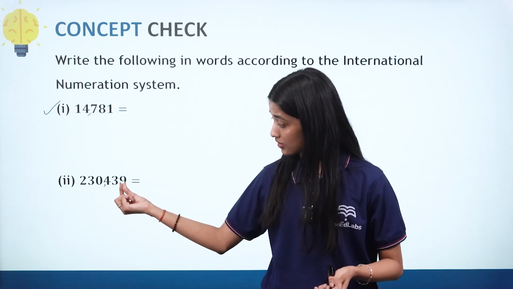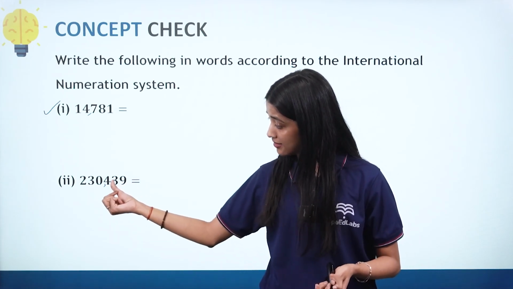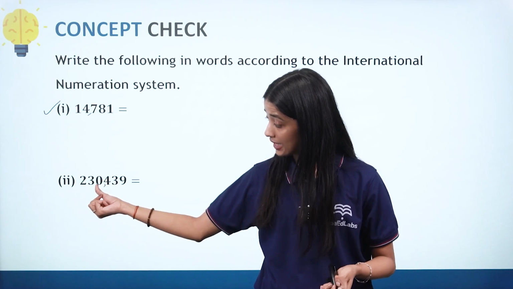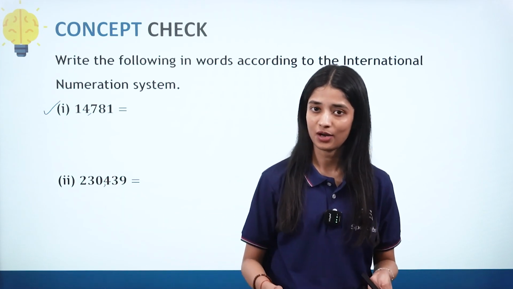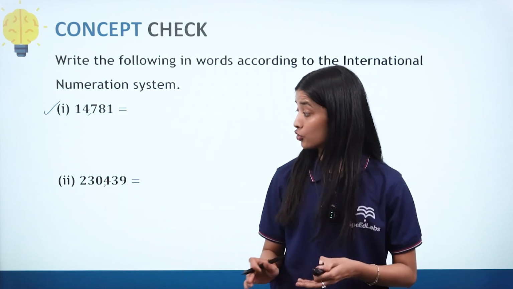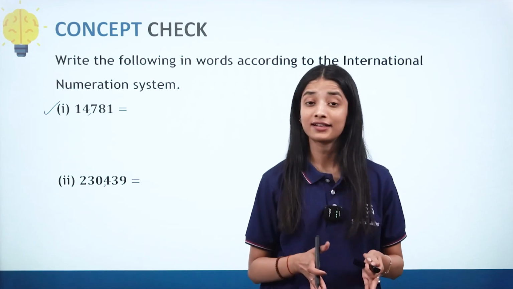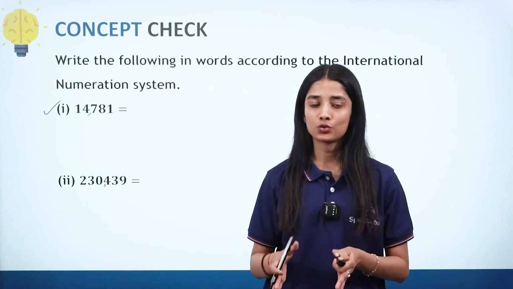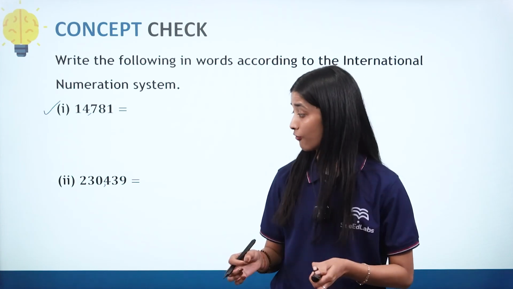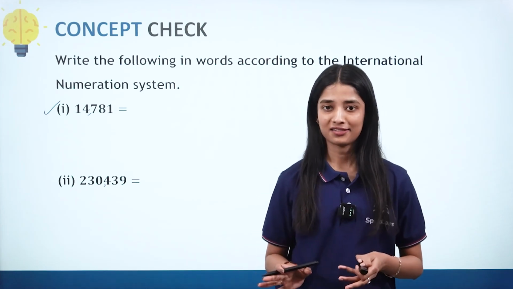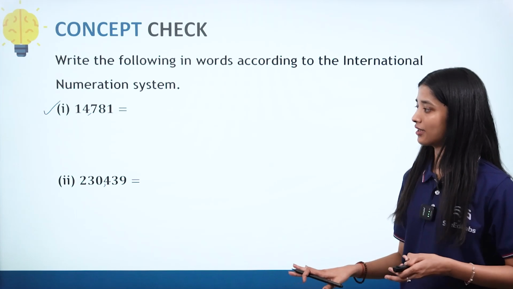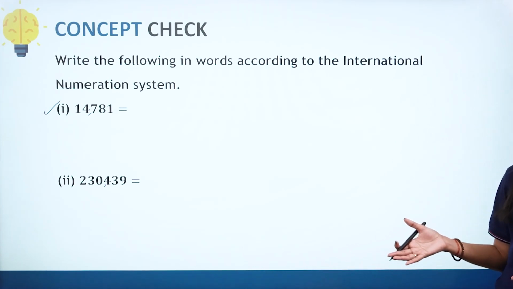See the positions: ones, tens, hundreds, 1,000, 10,000, and then 100,000. So we have the number 230,439. That is the number which is here in the International System.